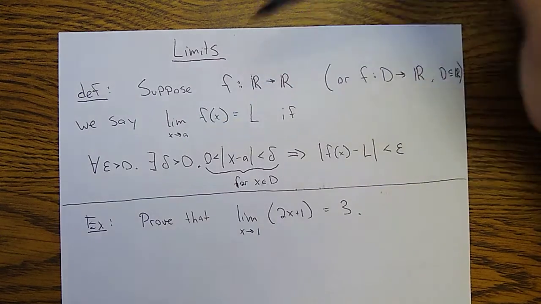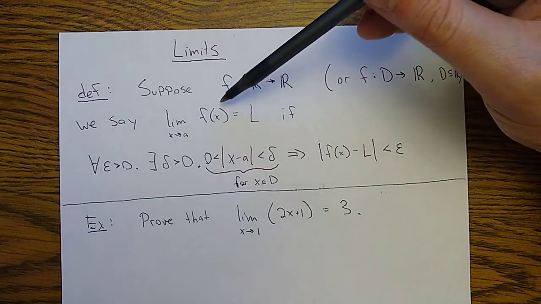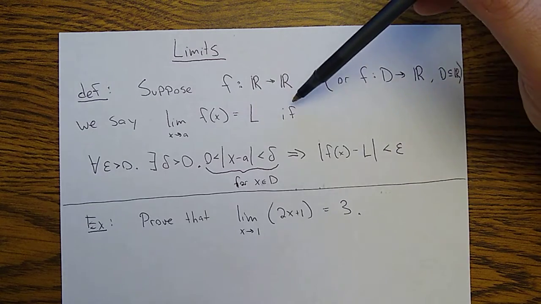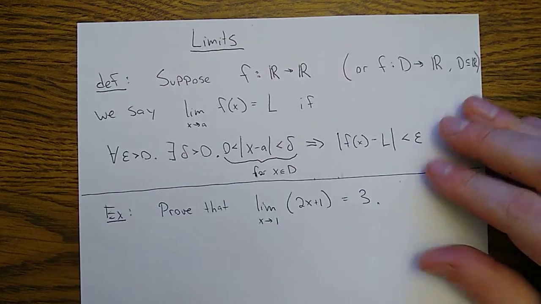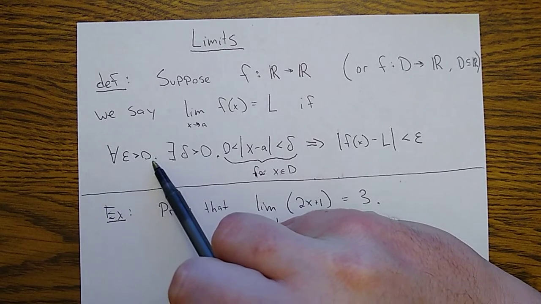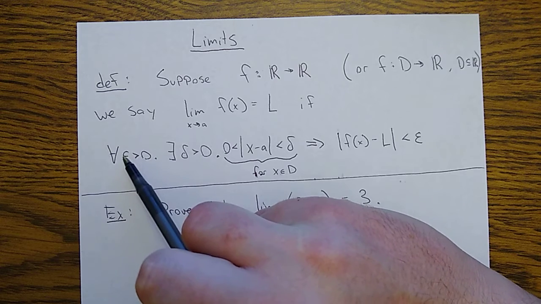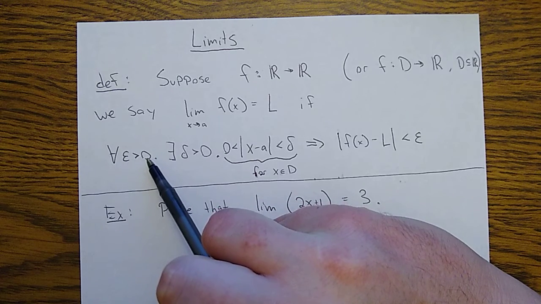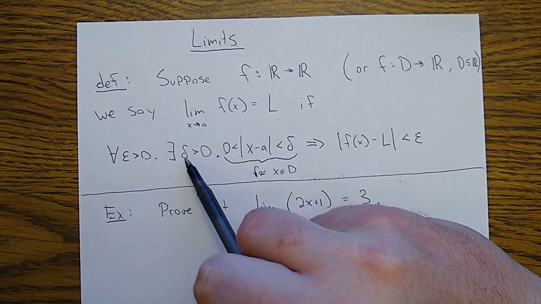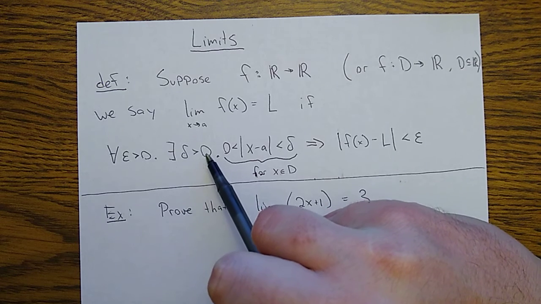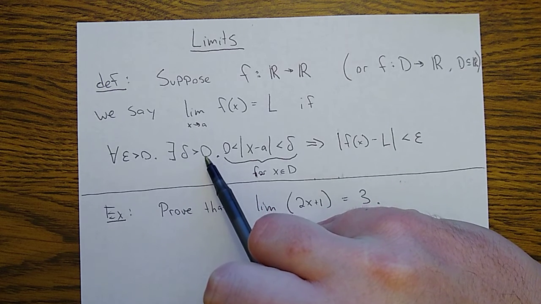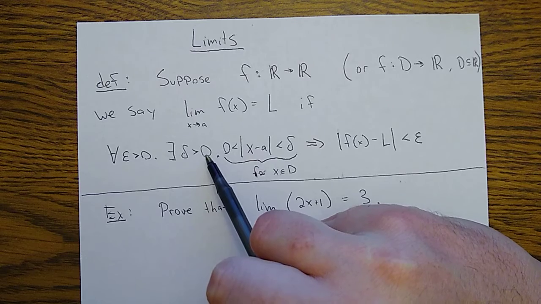We say that the limit as x goes to a of f of x equals L if for all epsilon greater than 0, and this means real numbers epsilon, so for all real numbers epsilon greater than 0, there exists a real number delta greater than 0, such that we have the following.